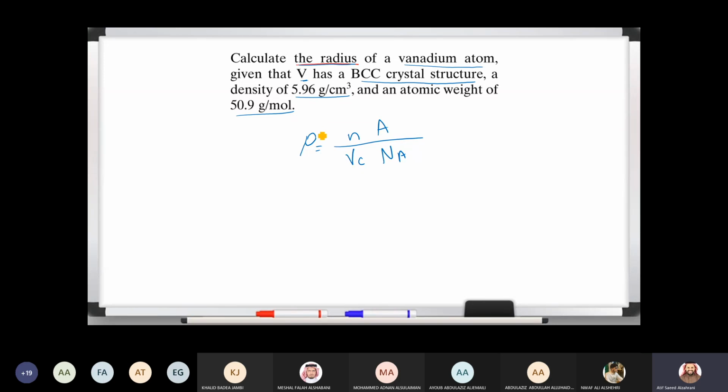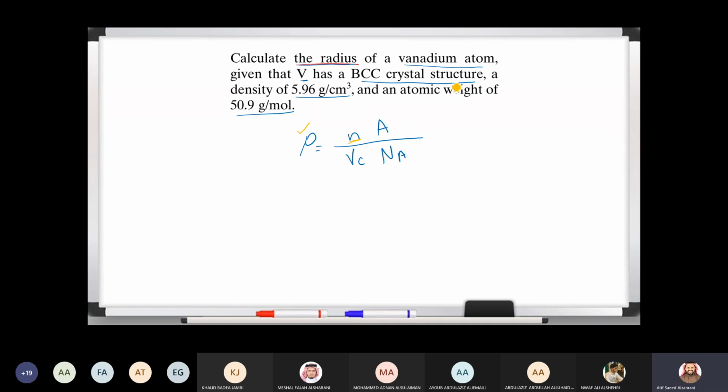So let me ask you from the question, do we have the density, guys? Yes, we have the density. Do we have N, the number of atoms per unit cell? Not yet.